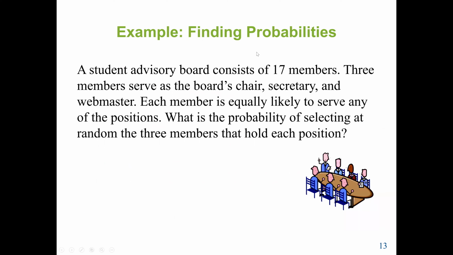Next, we should find probabilities. Here we have a student advisory board, which consists of 17 members. 3 members serve as the board's chair, secretary, and webmaster. Each member is equally likely to serve any of the positions.